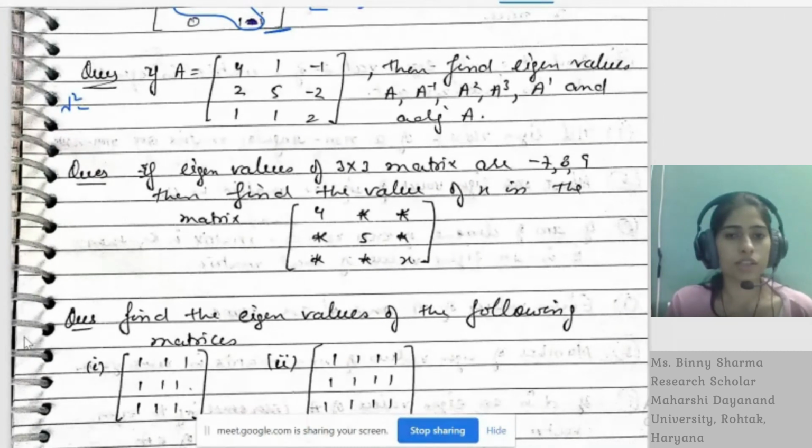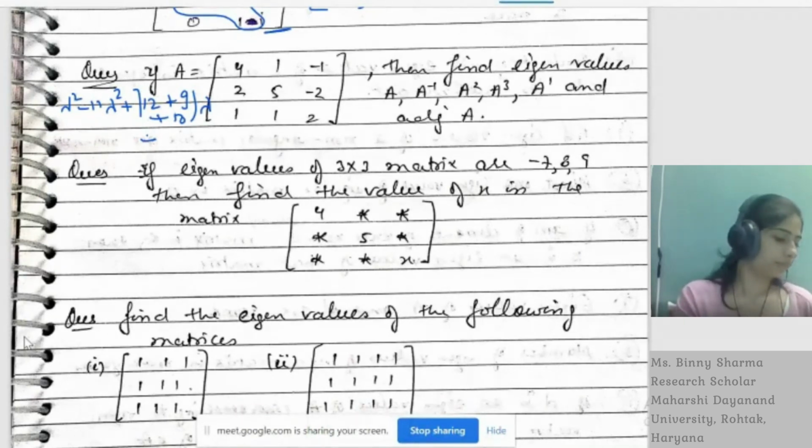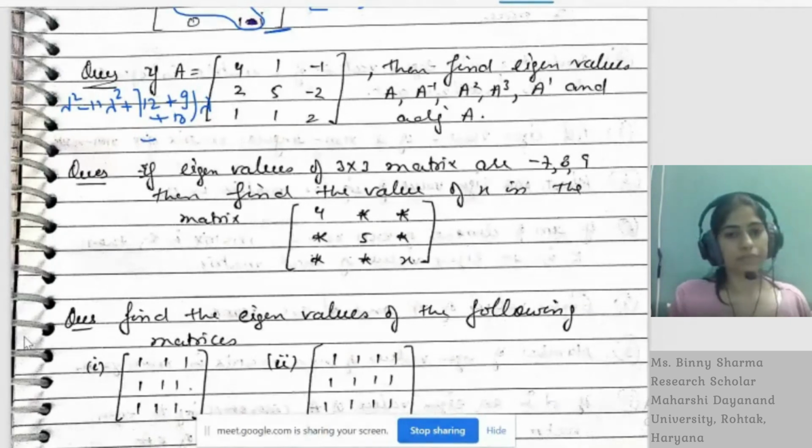Lambda cube minus 11 lambda square plus 39 lambda minus the determinant, equals 0.